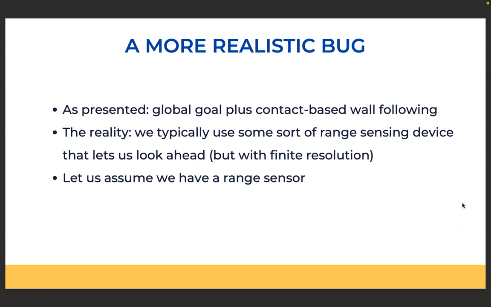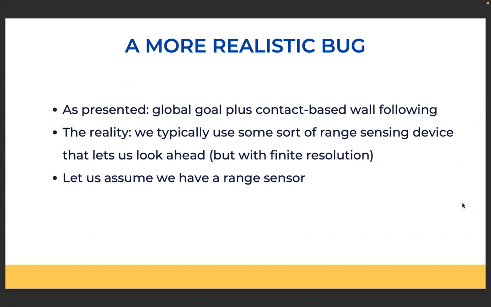Now we'll look at something more realistic. What we saw here is that there was a global goal and a contact-based wall following. But the reality is that we can't always have contact-based sensing, because if you are in contact with something, the applicability is limited.